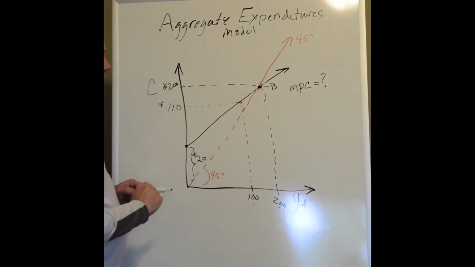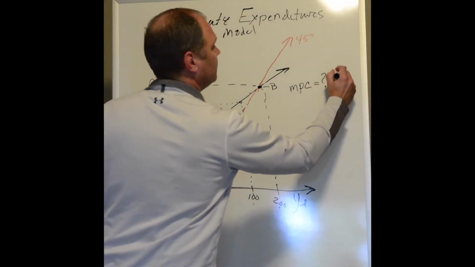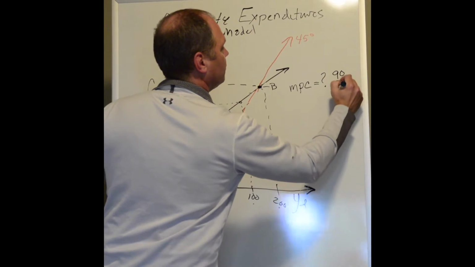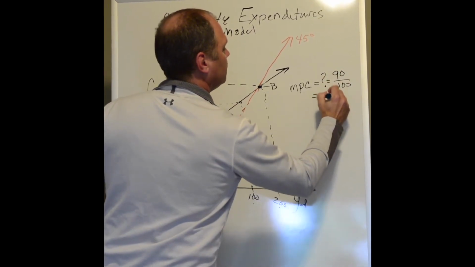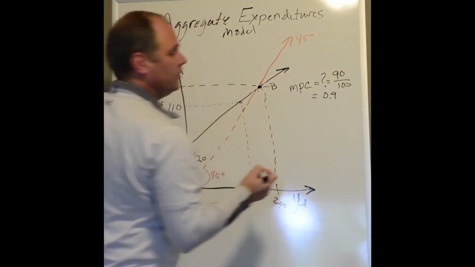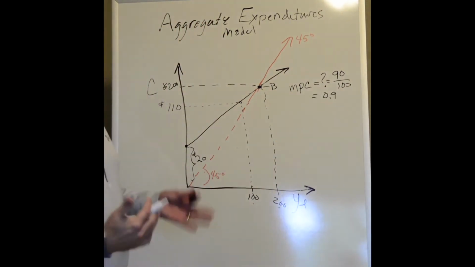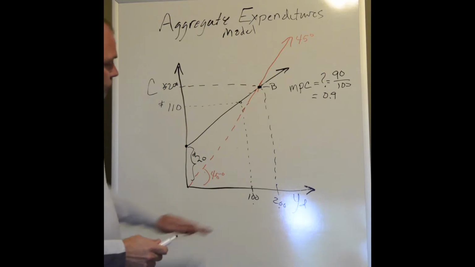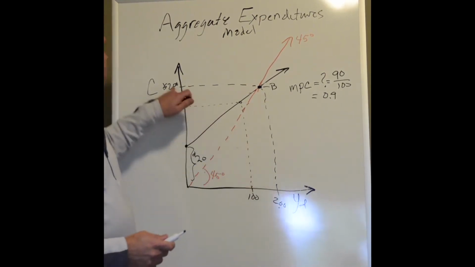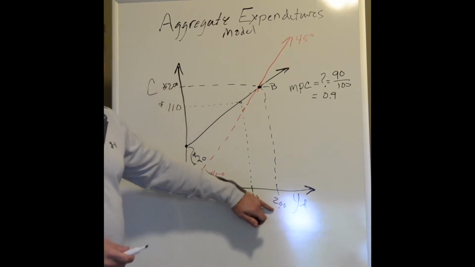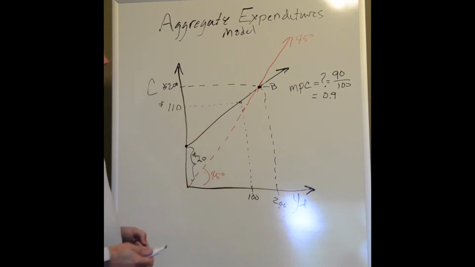So basically that ends up being 90 over 100, or 0.9. What this says is you're going to spend 90% of your income, and we got that from going from 100 and 110 to 200 and 200. The difference here is 90, the difference here is 100. So the MPC is 0.9.